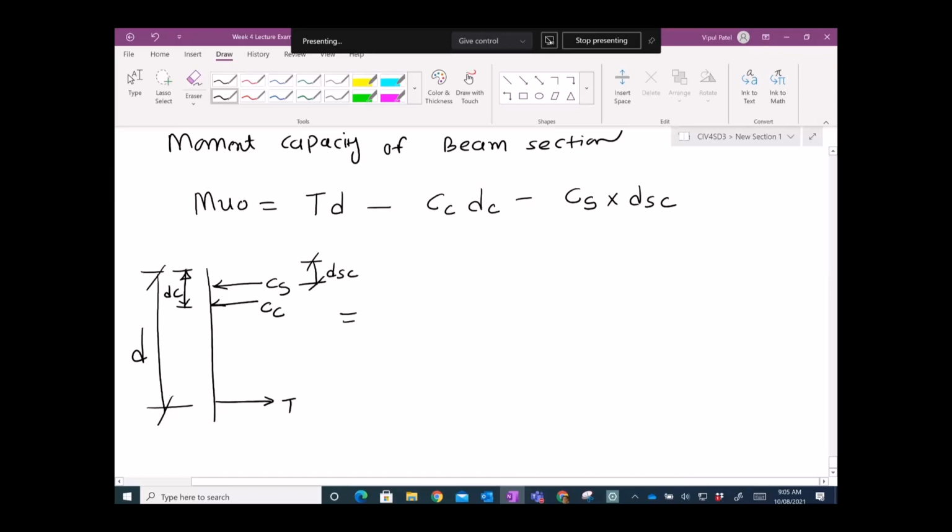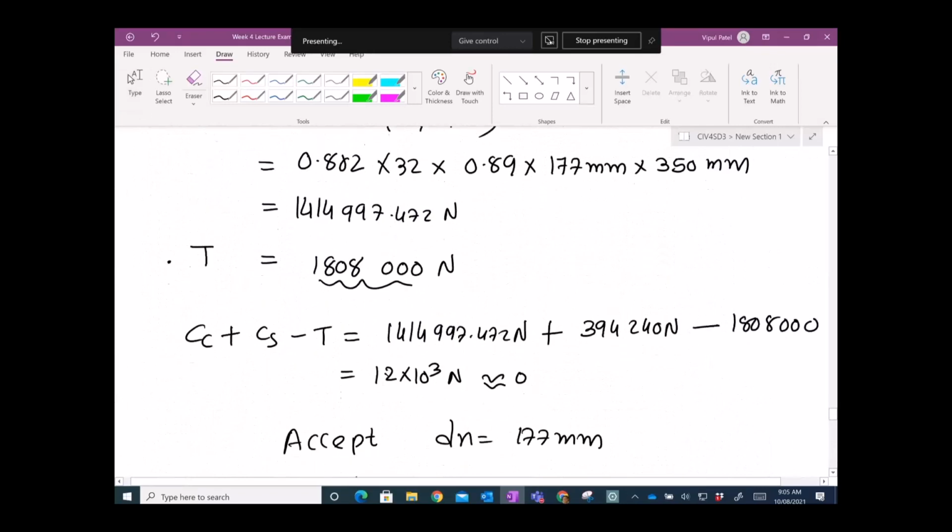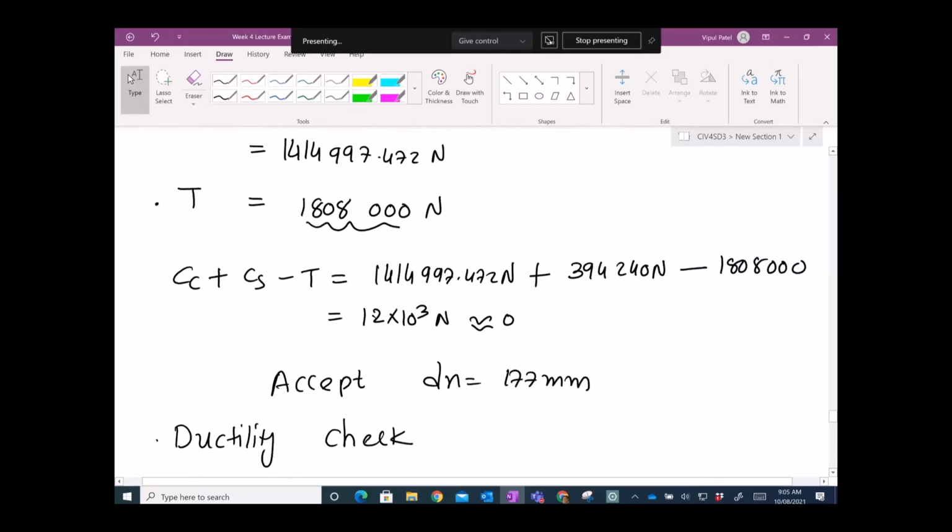Now the tension force we have calculated before. The tension force that we have here is 1808, and this one, the force in the concrete, we have a force of 394. This force is the concrete compression.